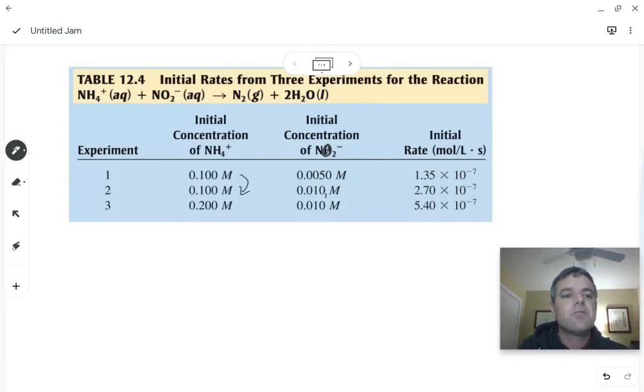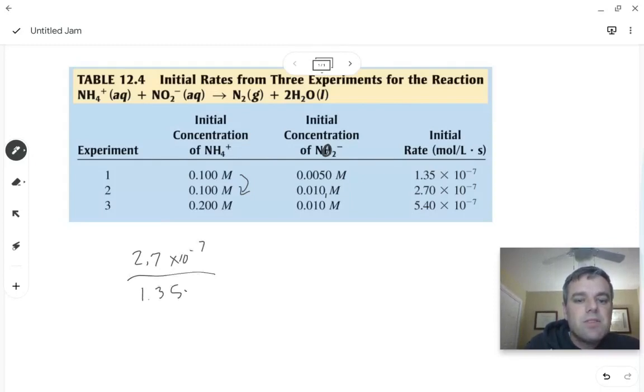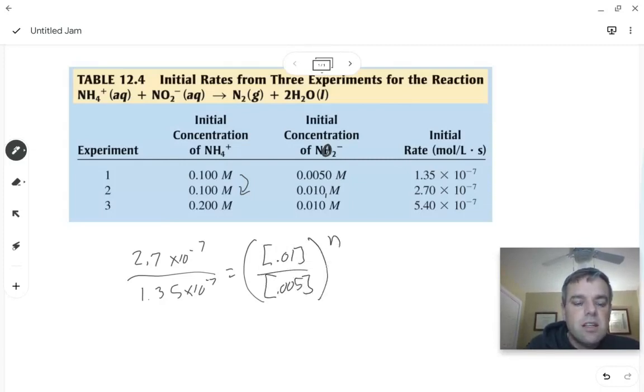So we're just going to ignore NH4 plus for right now. And so what we're going to say is that rate 2 over rate 1, so 2.7 times 10 to the minus 7th divided by 1.35 times 10 to the minus 7th, equals the concentration of NO2 in trial 2, 0.01 divided by 0.005, to the n.